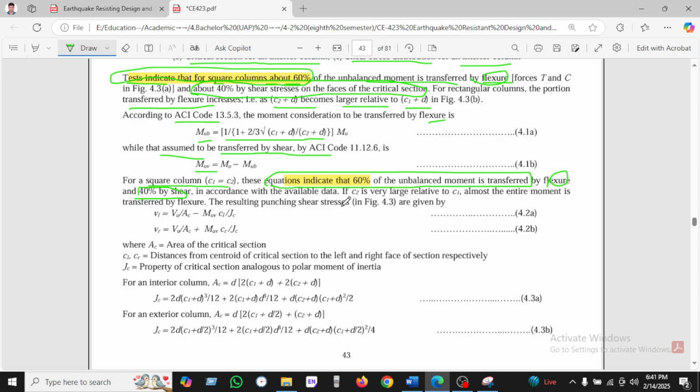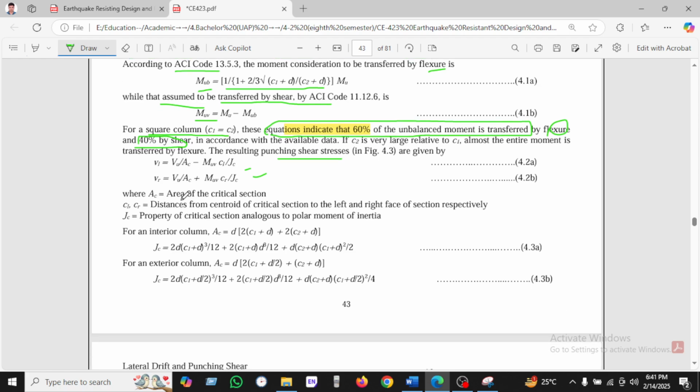According to this available data, C2 is very large relative to C1, and almost the entire moment is transferred by flexure and the punching shear stress. We have been given this formula, where S is the area of the critical section, C1R is the distance from the centroid of the critical section, CL is the left and CR is the right face of the section respectively, and Jc is important as a property of the critical section, analogous to the polar moment of inertia.